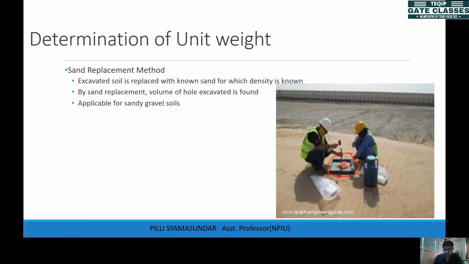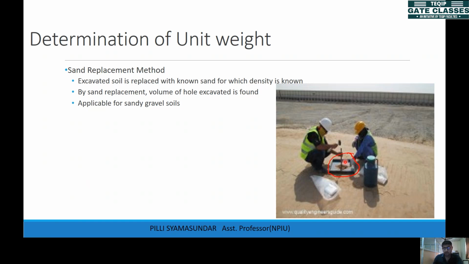Through this hole, you excavate some soil. You dig a hole through that central open space down to 15 centimeters, and you collect the soil inside this tray itself. You remove the soil from the central hole, and this tray fills with the soil you have excavated. You find out the weight of that soil, right? So you get the weight of soil, and now you are left with a hole in the ground.